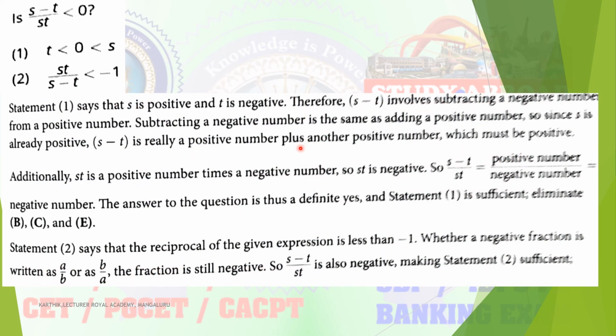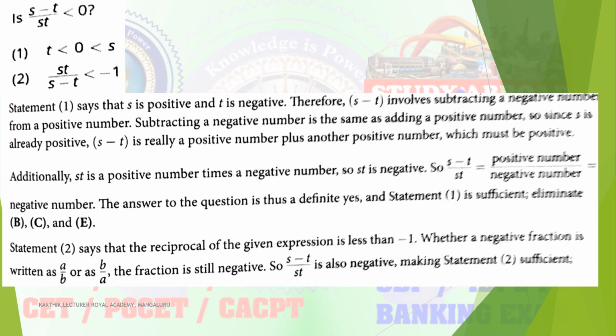So next, from the first statement, it tells that t value is less than 0, s value is greater than 0. So from that you can determine. So I will take t value is equal to minus 1 and s value is plus 1.